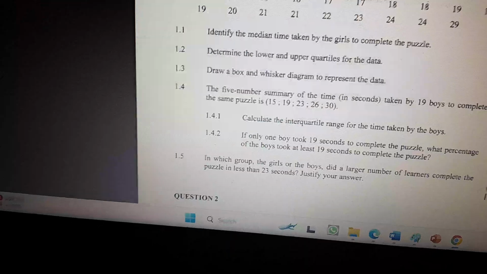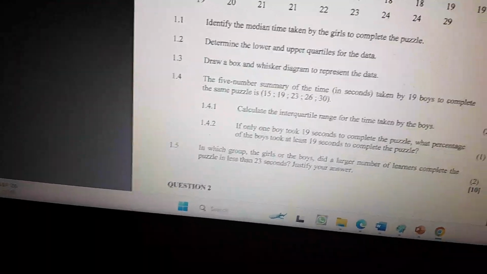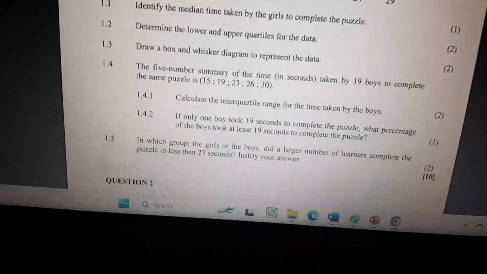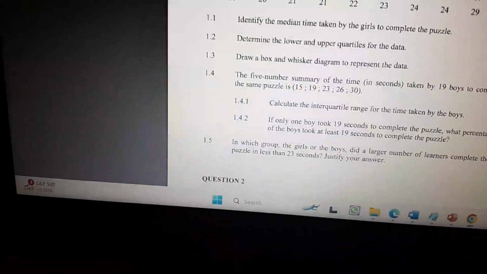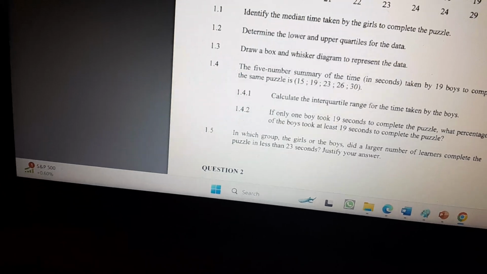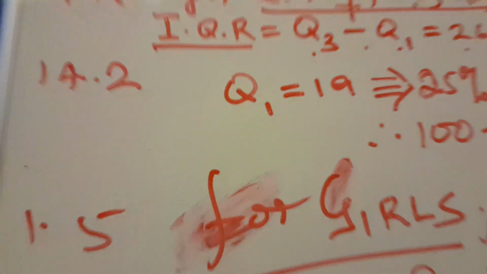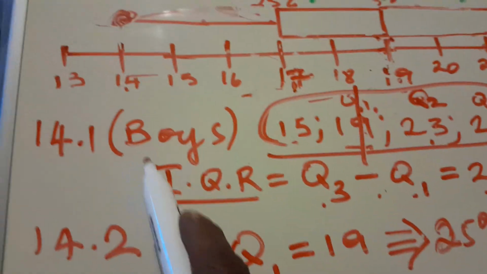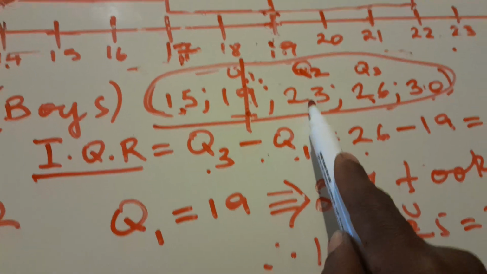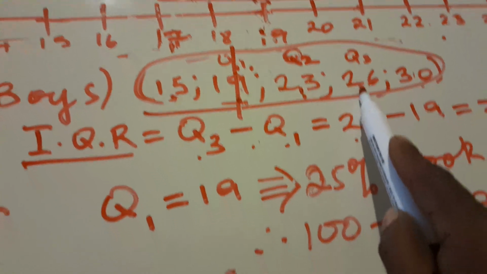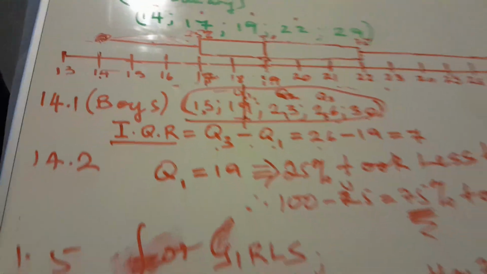Then next part of the question, the five-number summary of the time taken by boys now. The data you were dealing with was for girls. This one here is for boys. And the 5 for the boys, you have 15 minimum, 19 lower quartile, 23 median, 26 upper quartile, and 30 maximum.